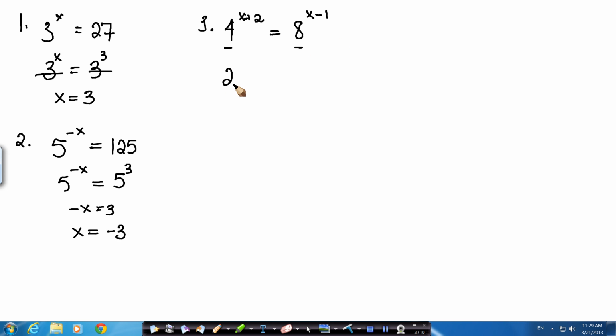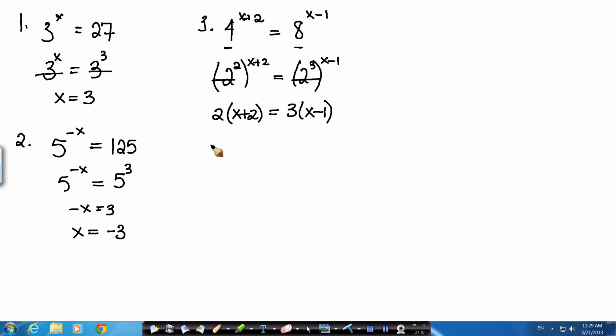Well, we know that's 2 squared raised to the x plus 2, and 8 we know is 2 cubed raised to the x minus 1. Now the bases stay the same, so we can get rid of them. But we're left with, have to be careful, 2 times x plus 2 equals 3 times x minus 1.